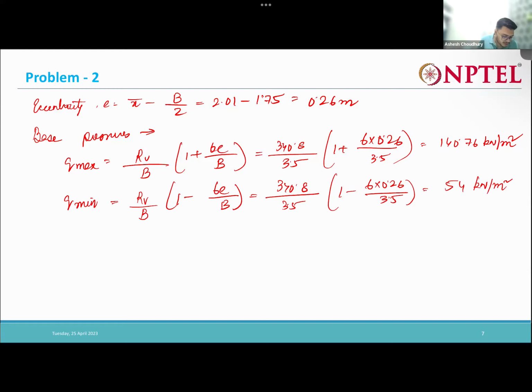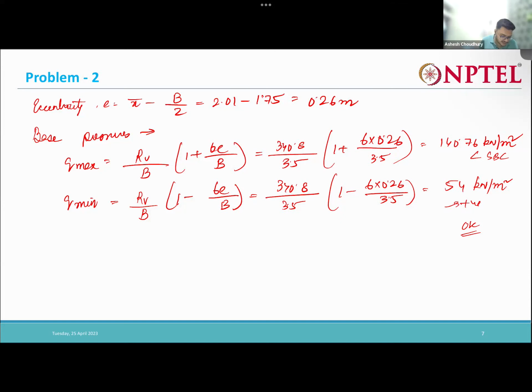Okay. So you can see that Q minimum is positive and Q max is less than our SBC. This is less than this SBC and this is positive. So okay, correct. Q minimum should be positive because our soil cannot take tension, so it cannot be negative.